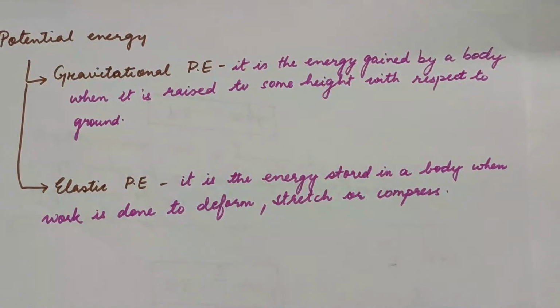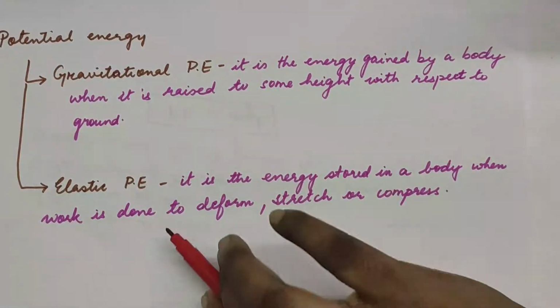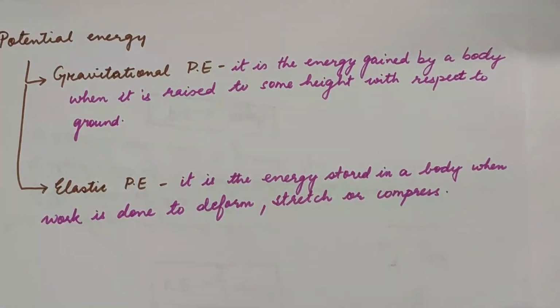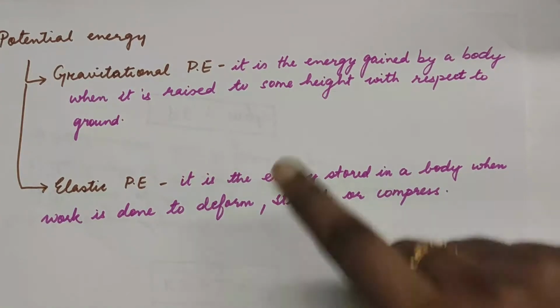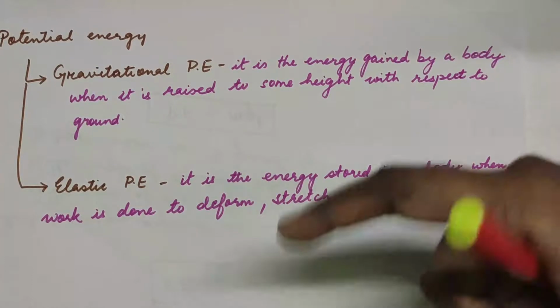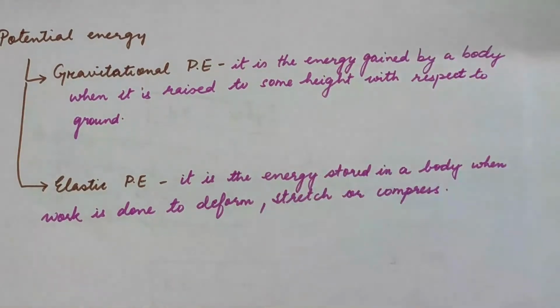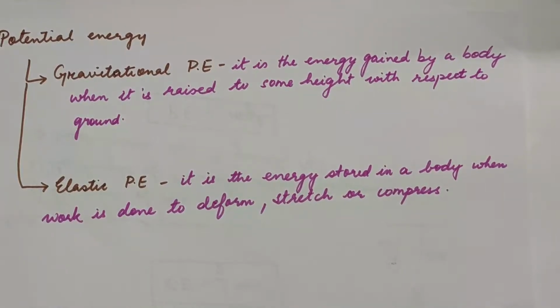Now, potential energy again is of two types, dear students. One can be called the gravitational potential energy and the other is the elastic potential energy. The gravitational potential energy is the energy gained by a body when it is raised to a certain height. So raising anything from the ground to a certain height gives it gravitational potential energy.